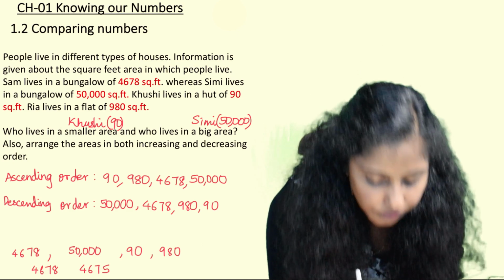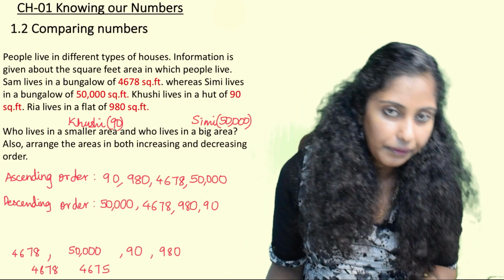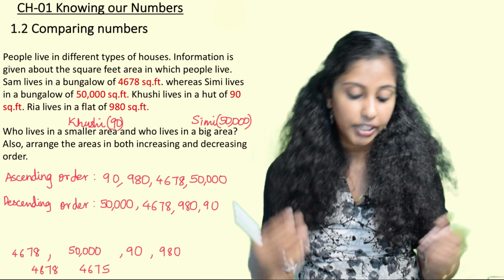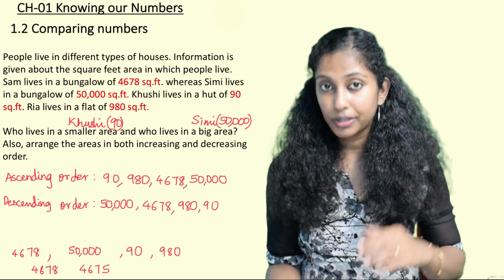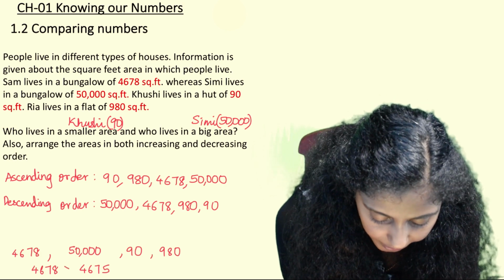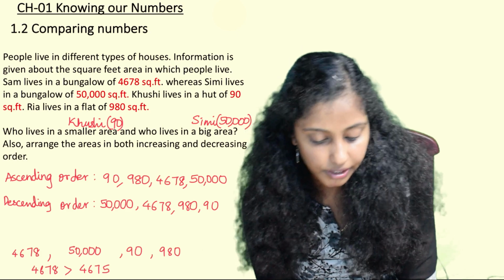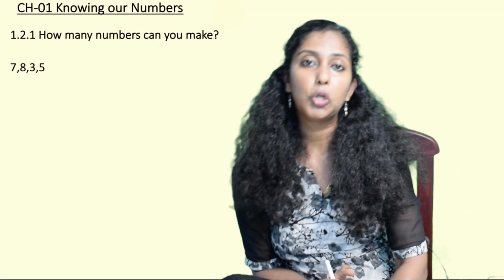In thousands place we see 4000 in both the numbers. Again we see in hundreds place 600. We see in tens place 70 and 70, but only in ones place we see 8 and 5. Here 8 is bigger and 5 is smaller. So when we compare, we get that 4678 is bigger than 4675. Here also we have to just use our simple logic.